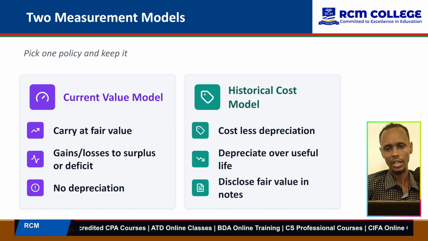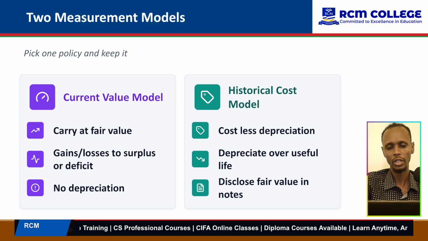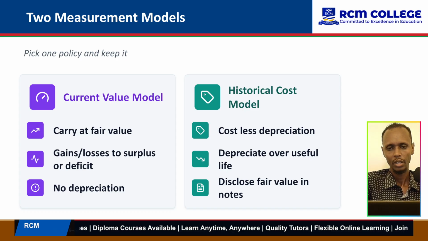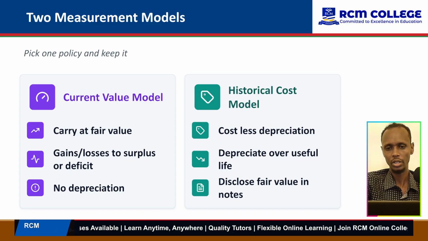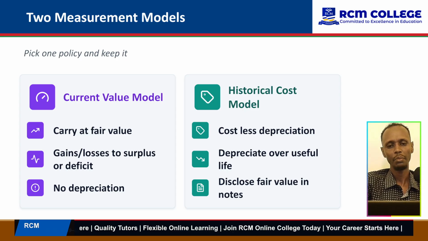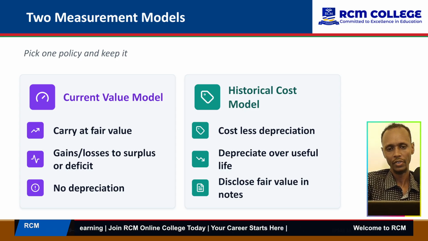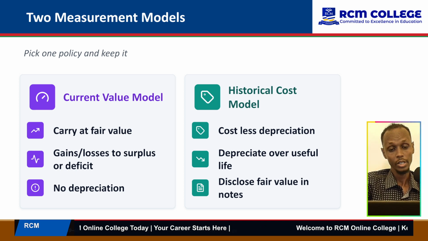If you are on historical costs, you just do as per the way we were talking about on PPE, property, plant, and equipment. So you take the cost less accumulated depreciation, less impairment. But for the current value model, you look at the fair value. Each year, there's no depreciation.